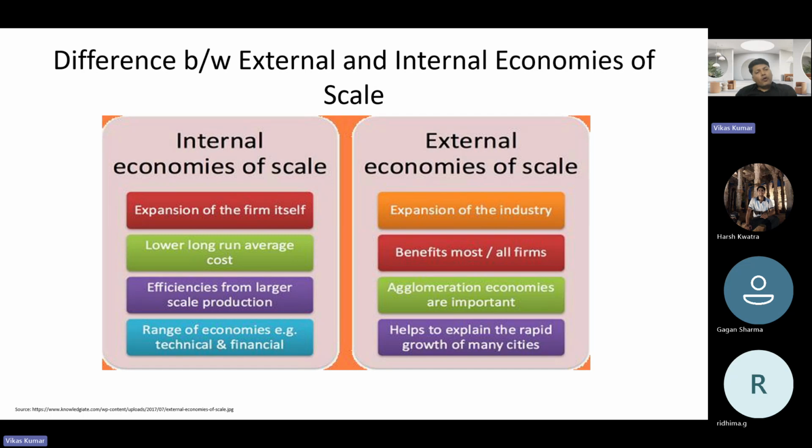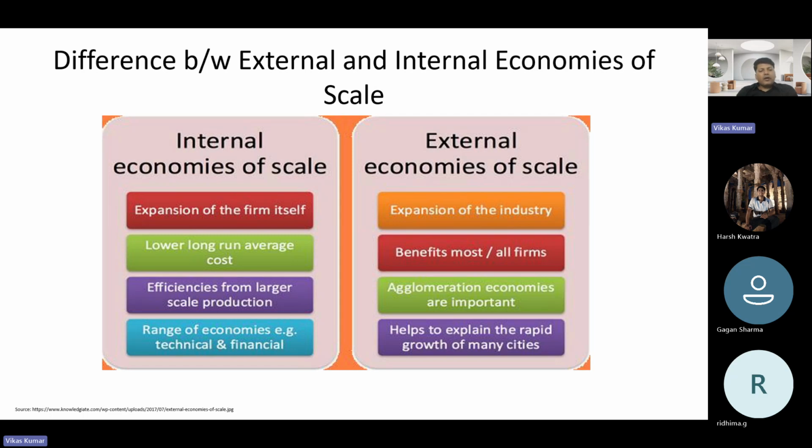When we talk about internal economies, the benefit is lower long run average cost, while external economies benefit most of the firms. These are not specifically with respect to only one single firm. Internal economy of scale is efficiency from larger scale production, like Walmart or Toyota or Maruti Suzuki. For external economy of scale, agglomeration economies are important, like textile clusters or diamond clusters or the IT sector.